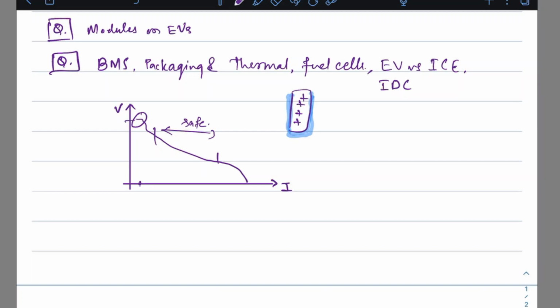For example, if you look at say a scooter from Ather, it will also have some cells in series and some cells in parallel.